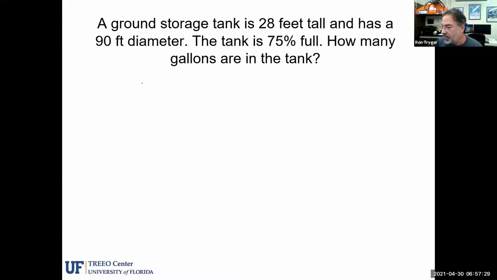All right, so we've got 0.785, multiply that by the diameter twice. So it's 90 feet times 90 feet, and then multiply that by the 28-foot height. That's going to give me cubic feet.